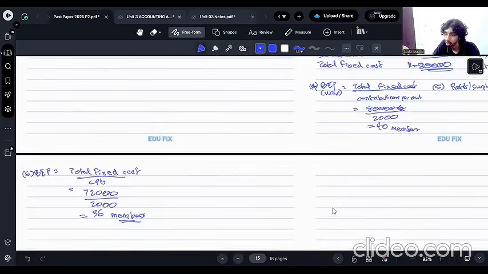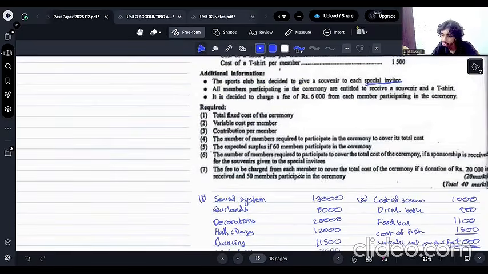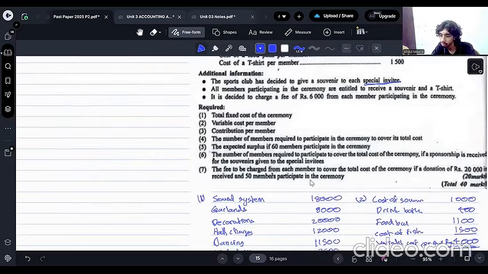Then the last one, the fee to be charged from each member to cover the total cost of the ceremony if a donation of 20,000 is received and 50 members participate in the ceremony.